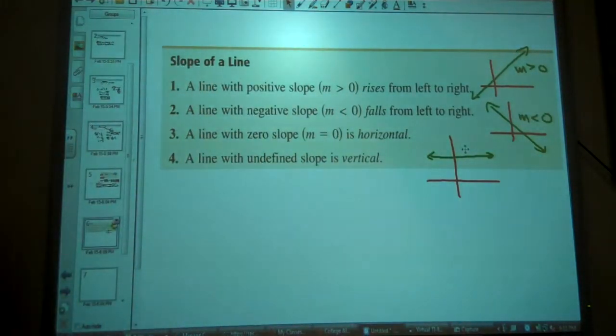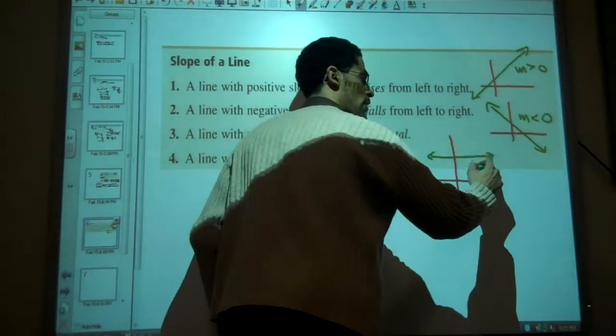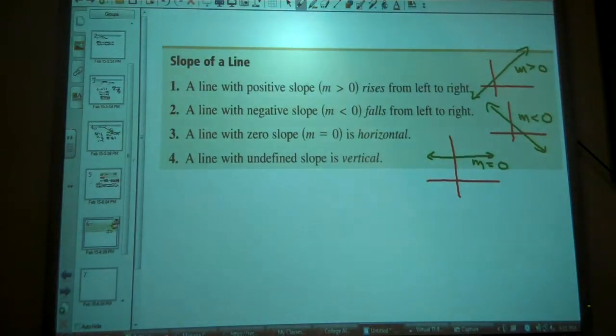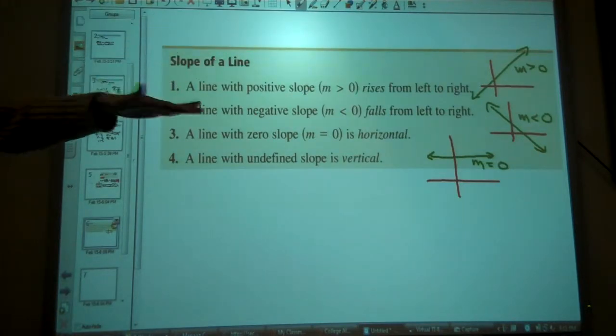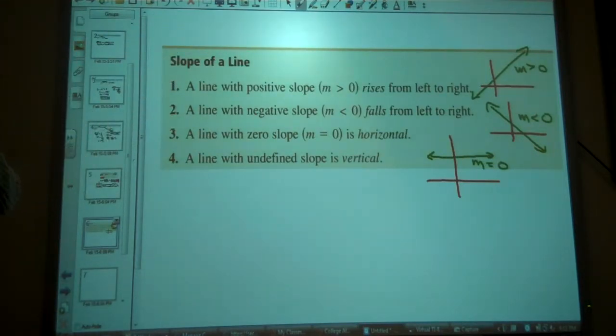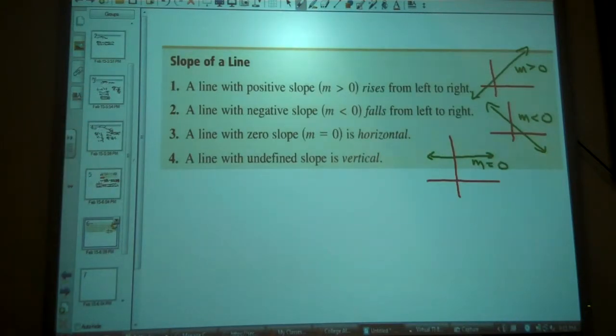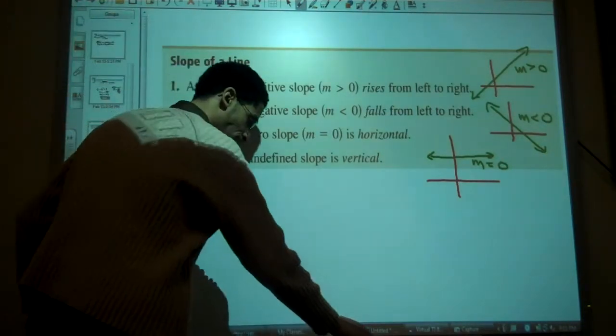That's a horizontal line. For that, m equals 0. If you try to do the change in y divided by the change in x for any 2 points on that line, there is no change in y. All the points on that line have exactly the same y value. So the numerator to slope is 0. That's a horizontal line.